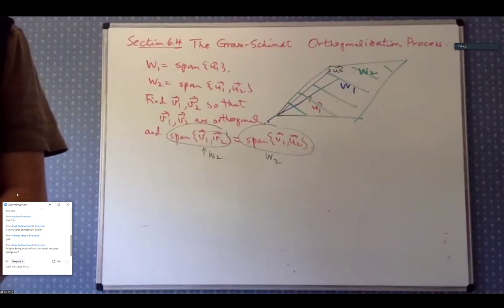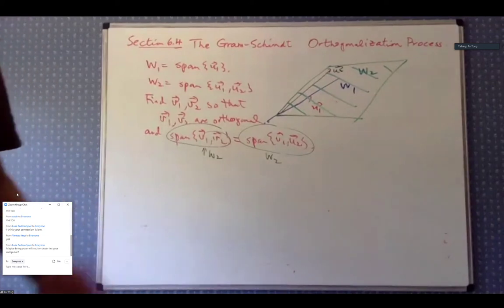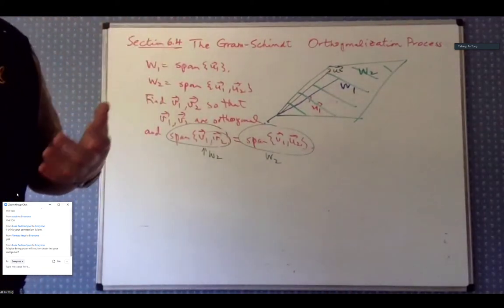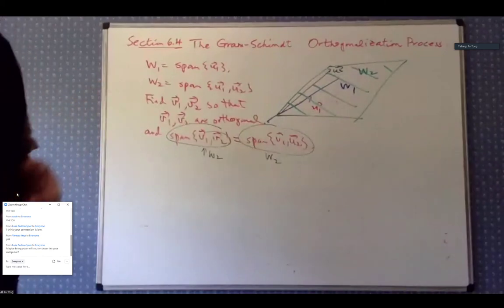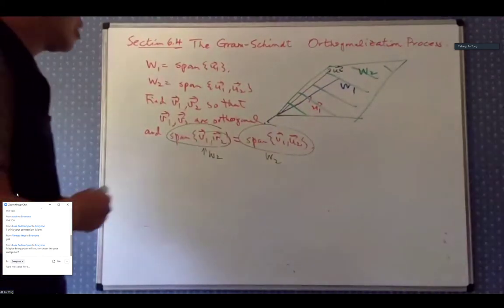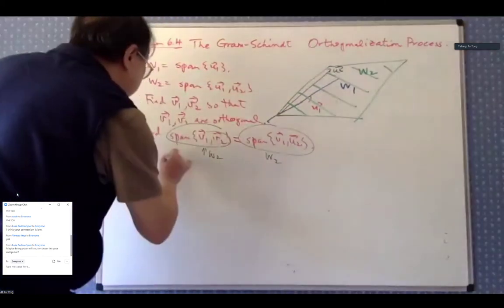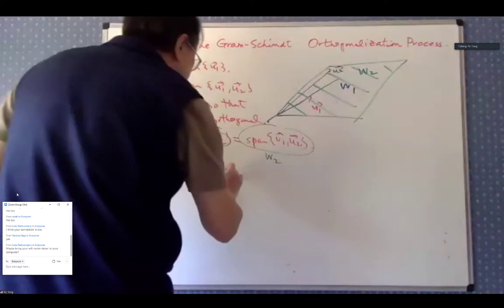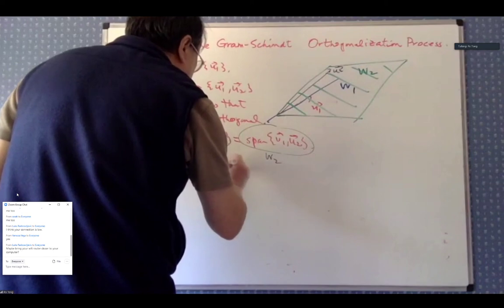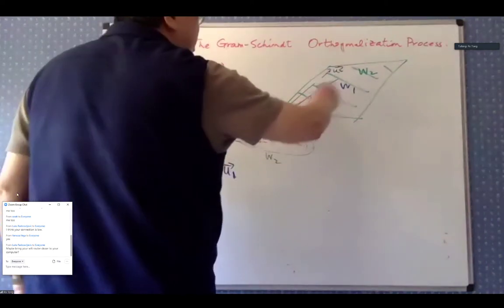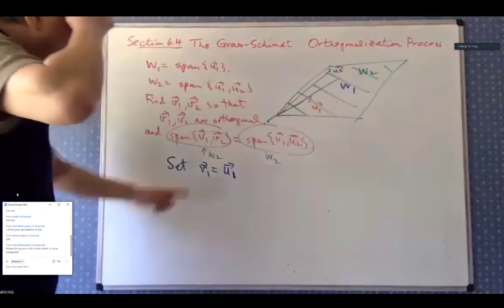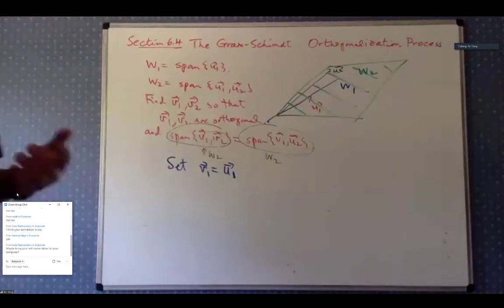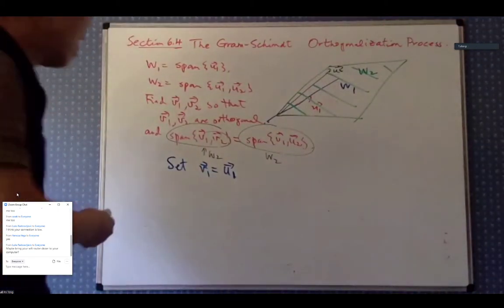Yeah. Okay. So all I need to do is the following. Conceptually, it's pretty simple. We'll set V1 equal to U1. The first one doesn't really matter. Just keep this one as U1 and V1 the same. The second one, what should be V2?